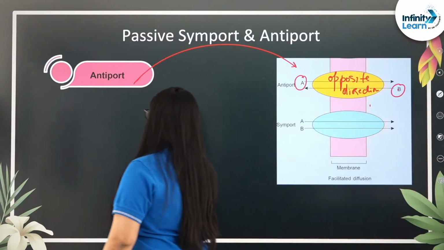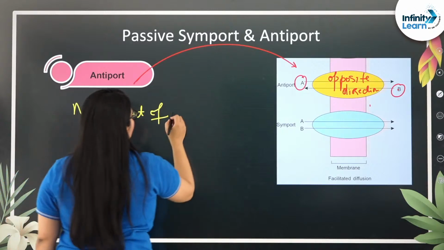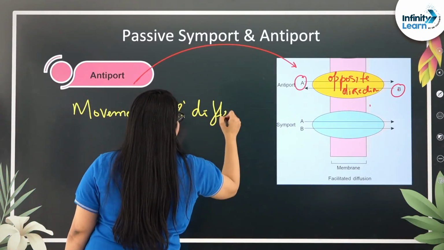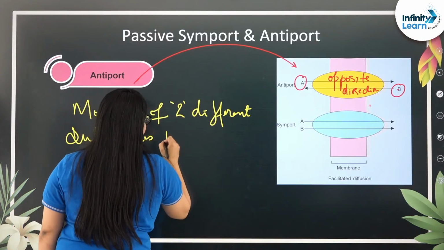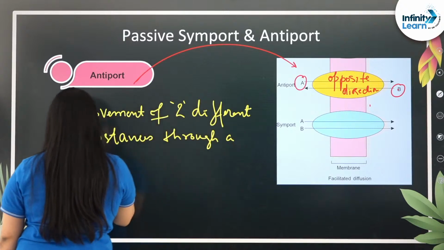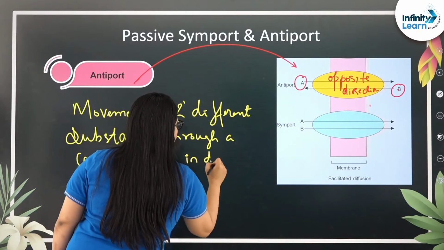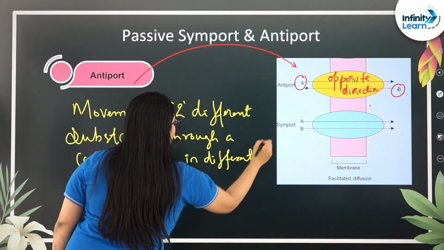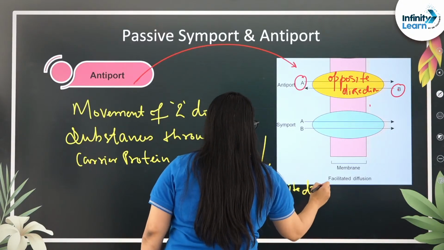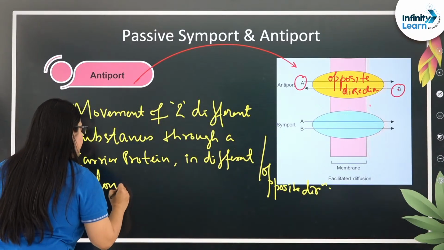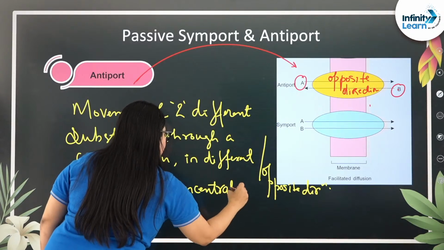So what is an antiport? Movement of two different substances through a carrier protein in different, or rather I should say in opposite direction, along their concentration gradient.